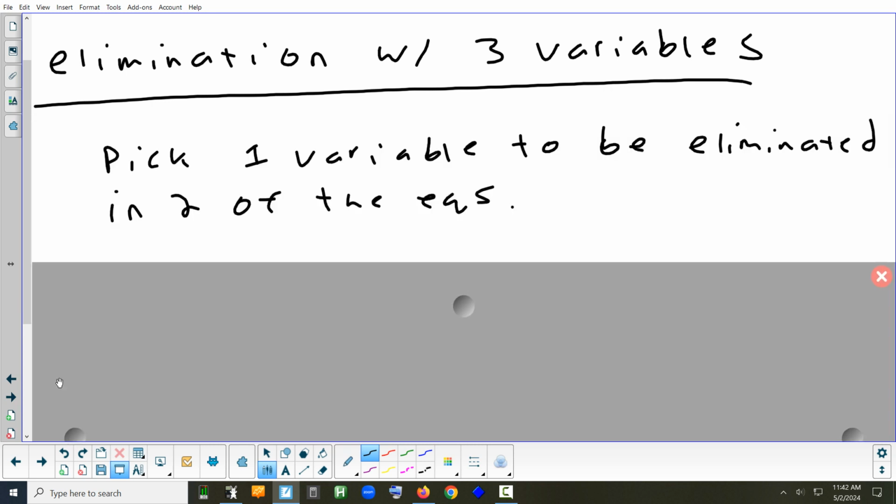All right, so to solve a 3 variable system with elimination, first of all, we're going to pick a variable to eliminate. And we need to eliminate it in 2 different equations, not just one. We have to eliminate it twice.